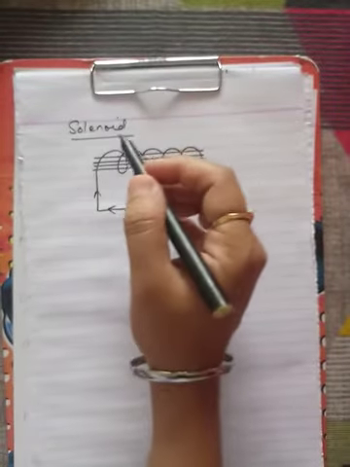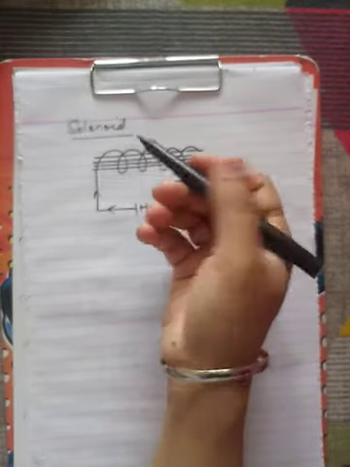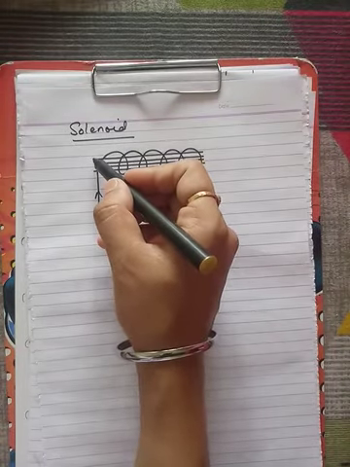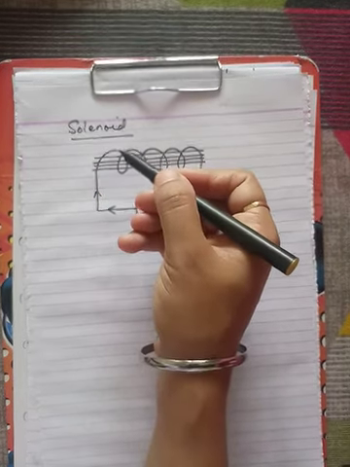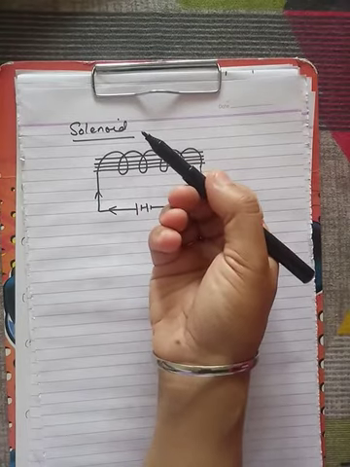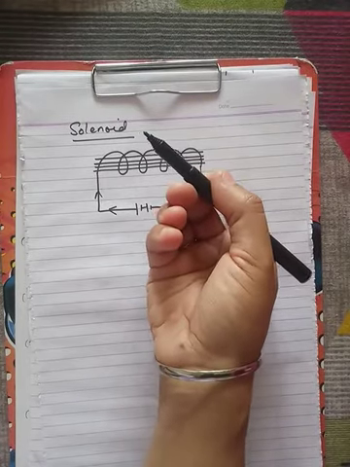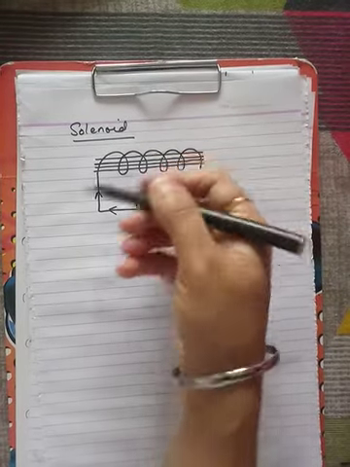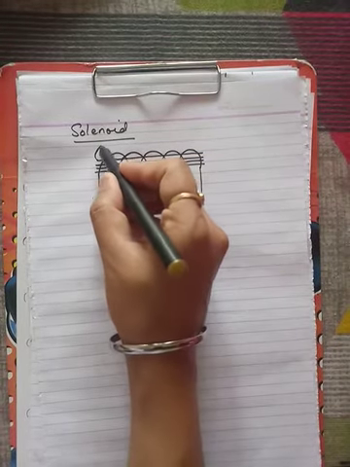Outside it, because of a single circular loop, the magnetic field is not the same as concentric circles. It was somewhat like ellipses. So a combination of many circular turns will give us a combination like this.